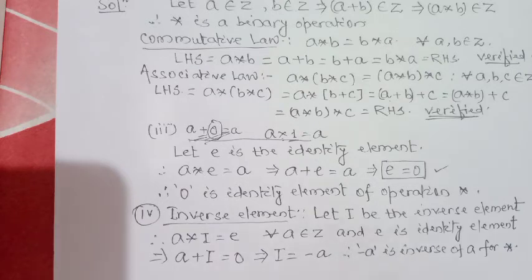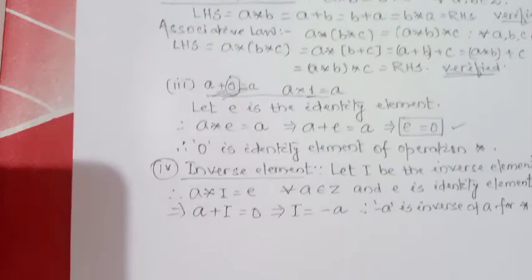So children, in this way we solve the problems of finding the inverse, finding other terms like the identity element, and verification of the closure property, which is called the meaning of binary.